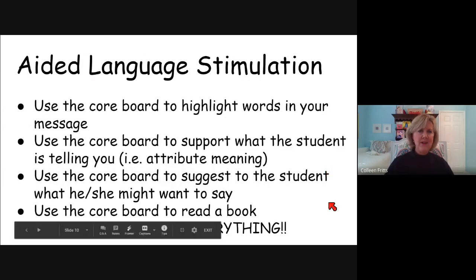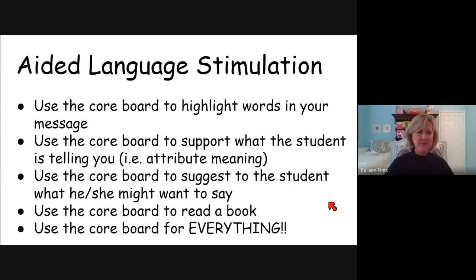And that's something we call aided language stimulation. That's when you use the core board to highlight words in your message. You use the core board to support what the student is telling you. So if the student reaches out to grab a toy or to grab some goldfish, you can then use the board to say, I think you're trying to tell me something. I think you're trying to tell me I want, while you're accessing the communication board.